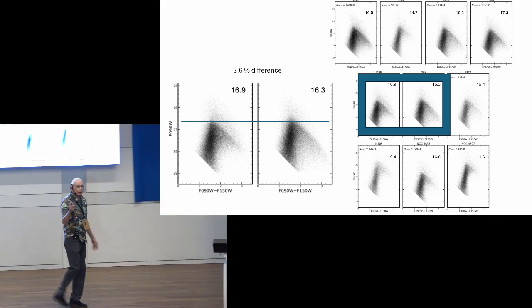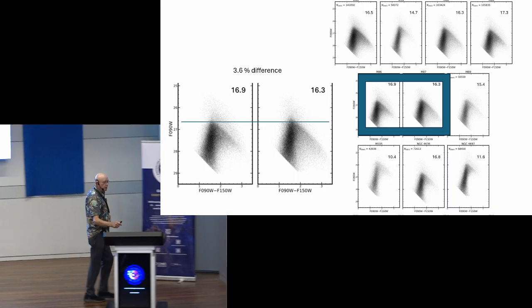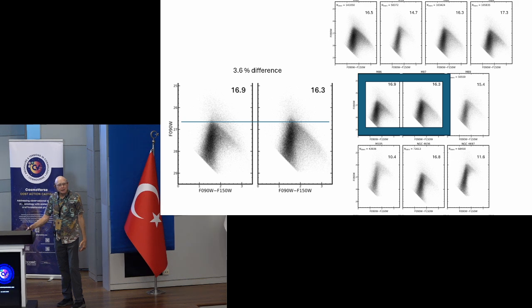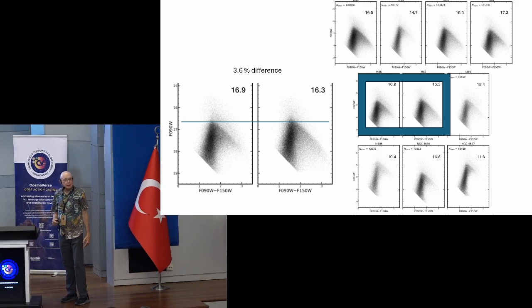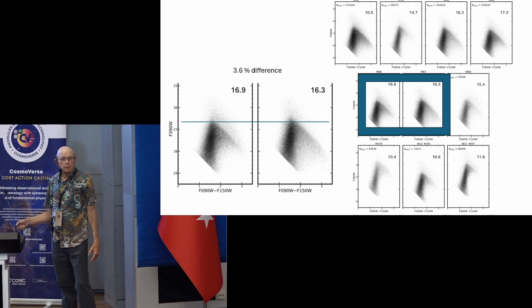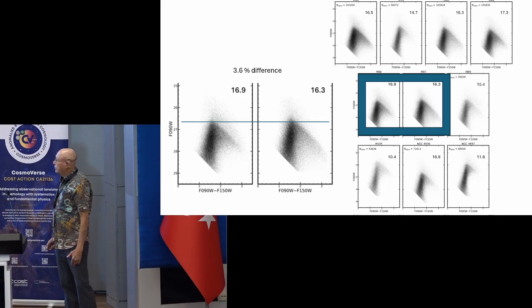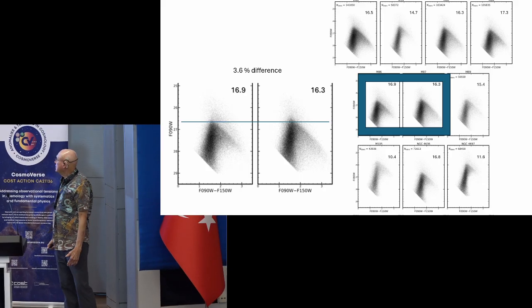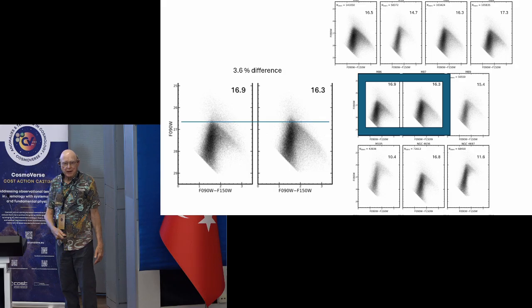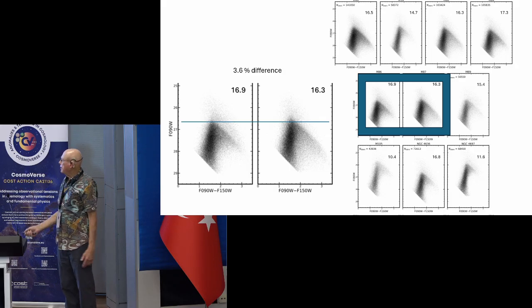What I'm trying to get across here is that this tip of the red giant branch method is excellent. It's as good a way of getting distances as we have in the ways that we can get distances, and this is all with James Webb Telescope.